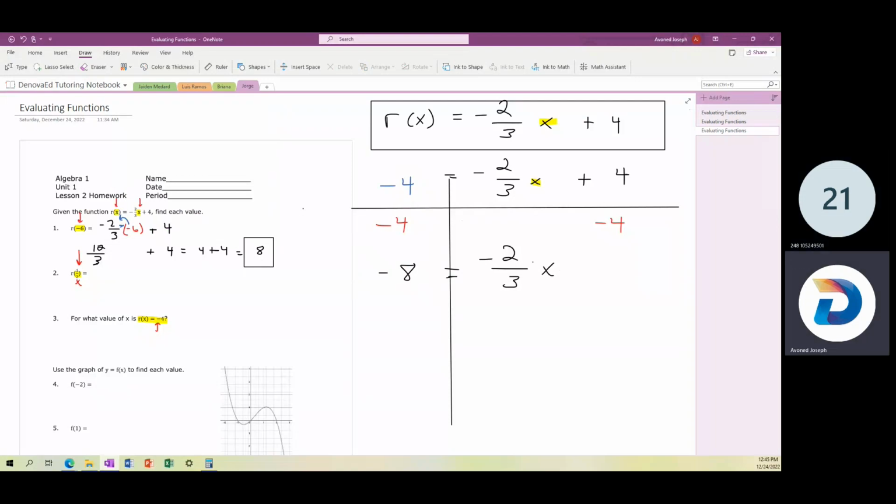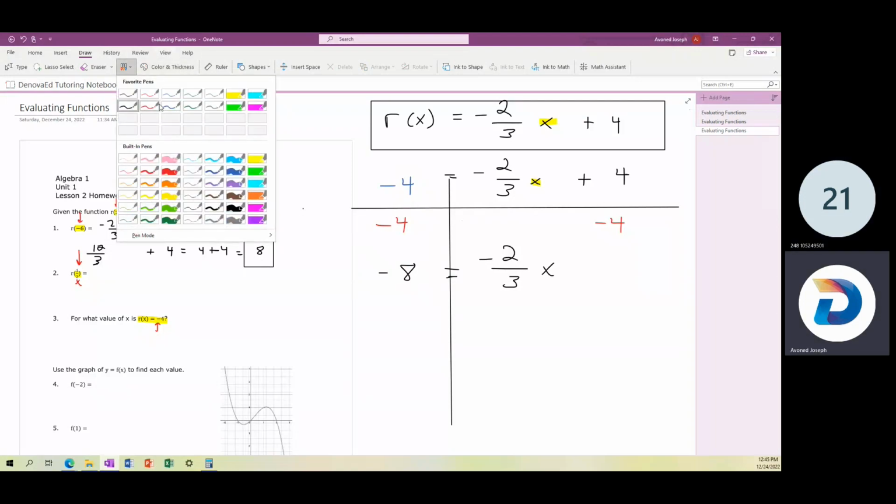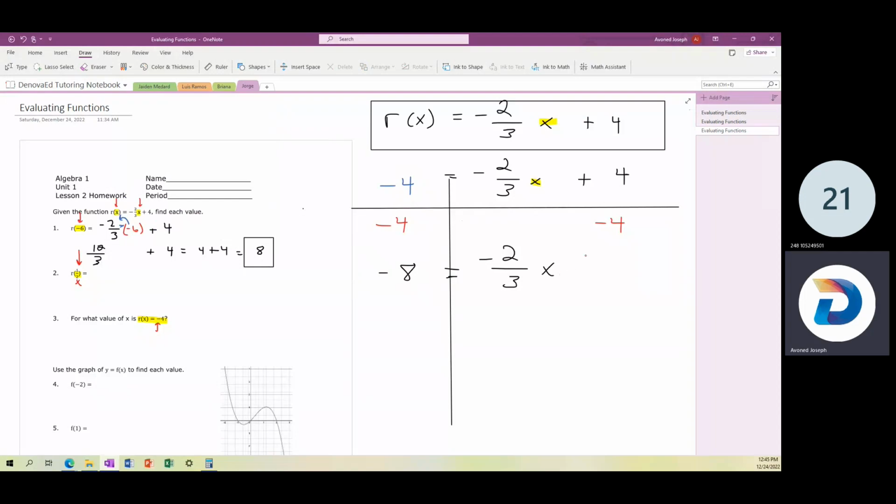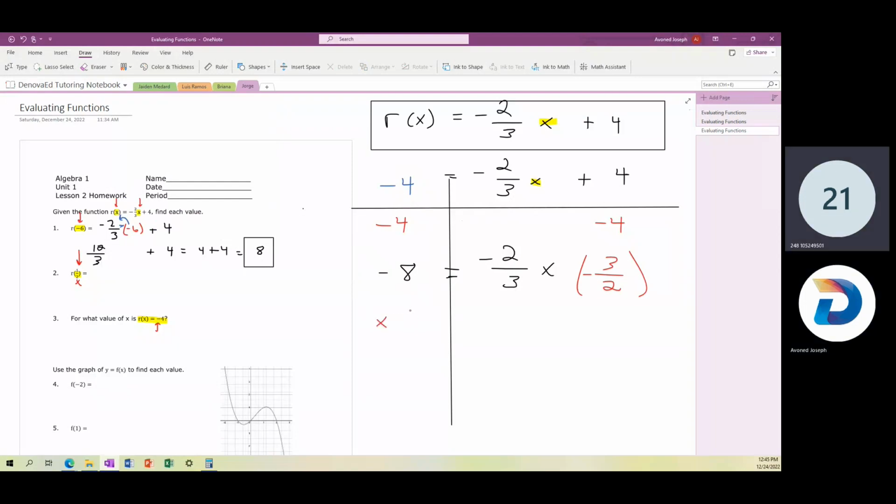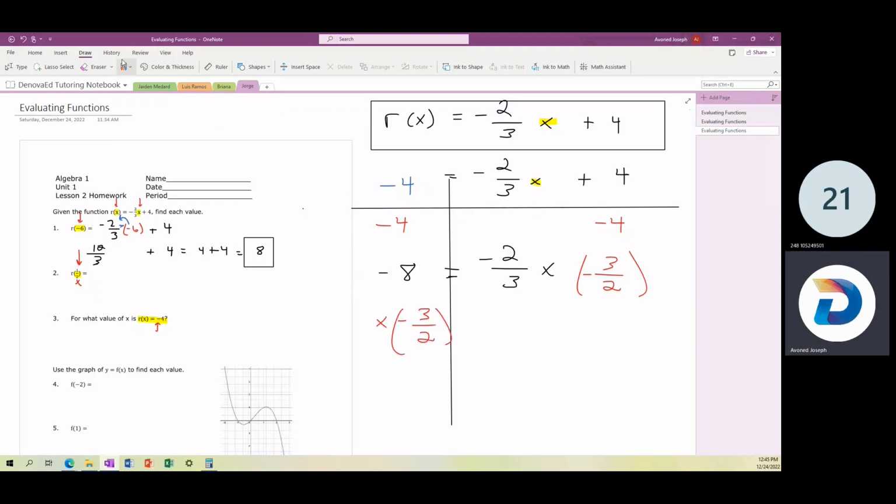In order to do the opposite of the fraction, we need to multiply times its reciprocal. Reciprocal means flip it. So we need to multiply this times -3/2 to cancel this out.